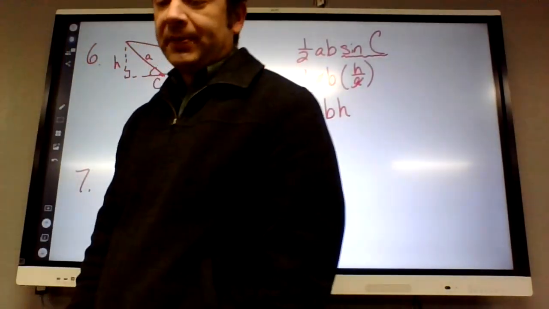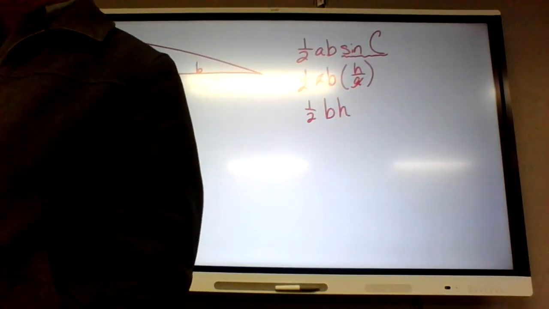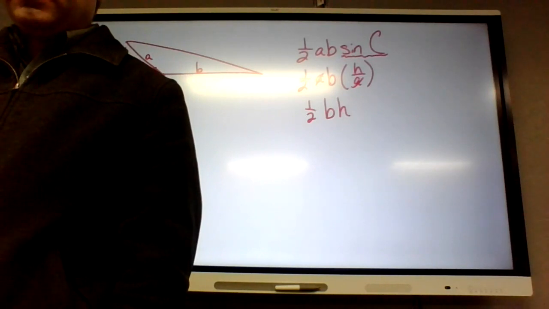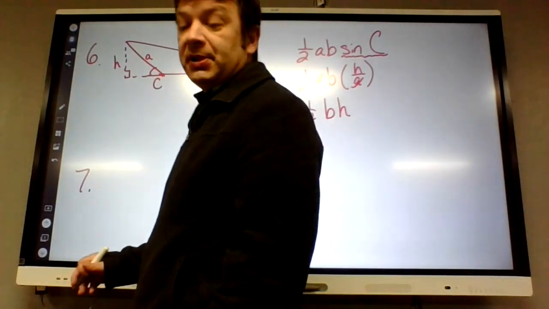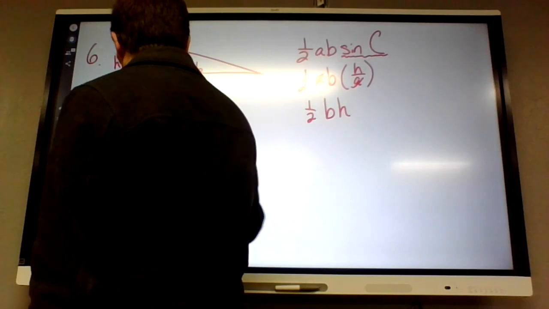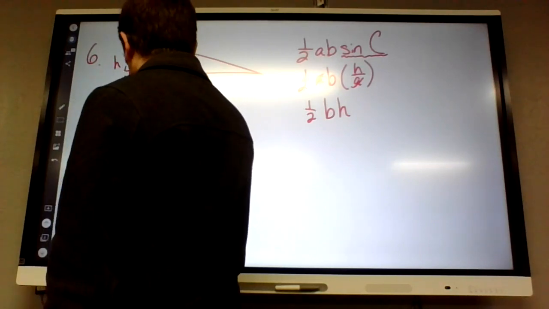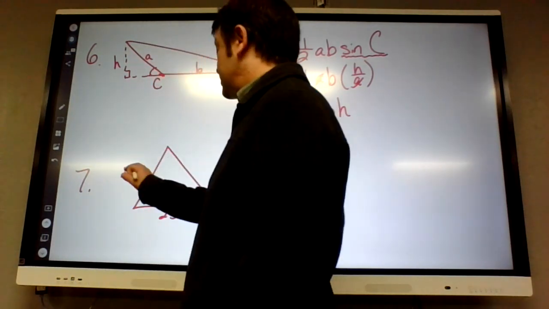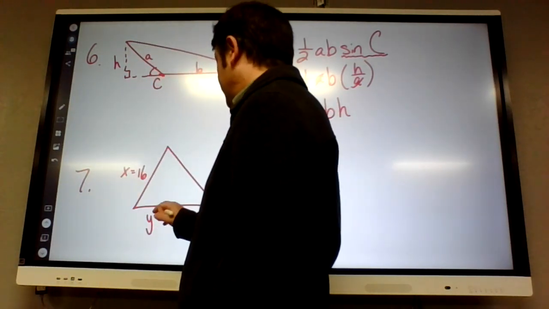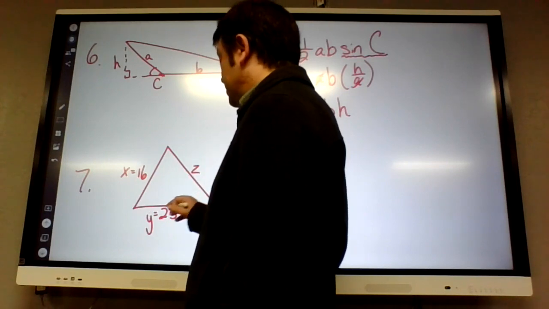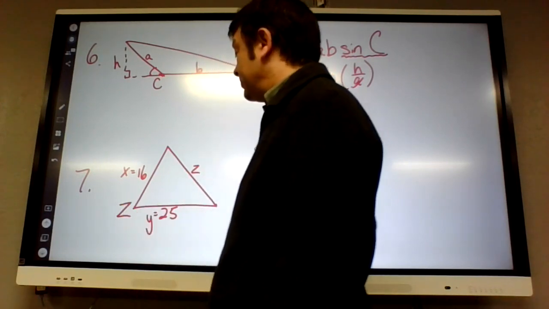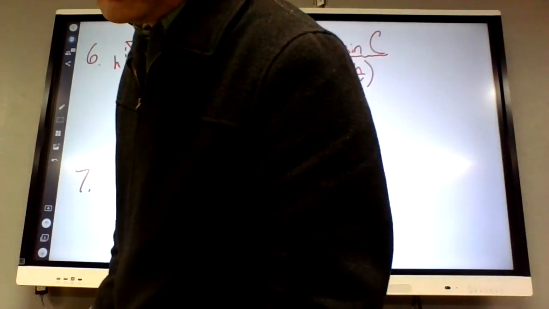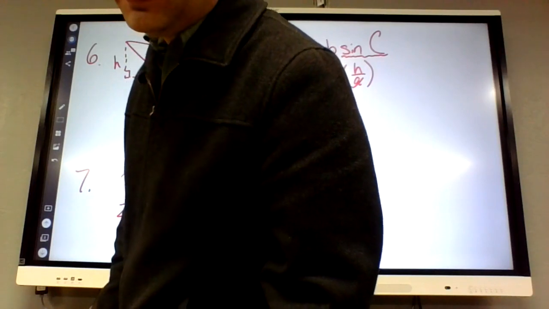Yeah, that was weird. Okay, number 7. Not as weird. Find the area of triangle XYZ. Okay, 16, 25. If 16 is side X and side Y is 25, side Z is unknown, but this would have to be angle Z between them. They just gave us the basics here, 52.